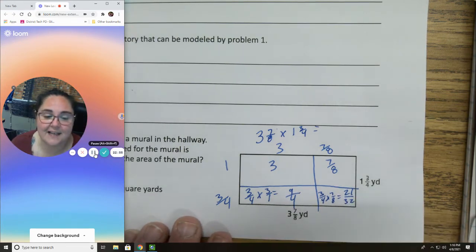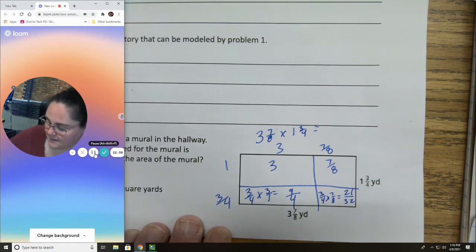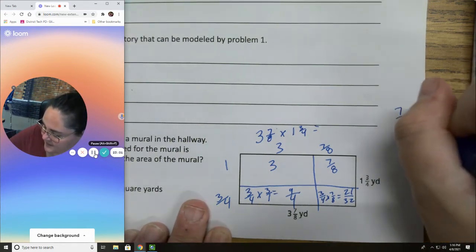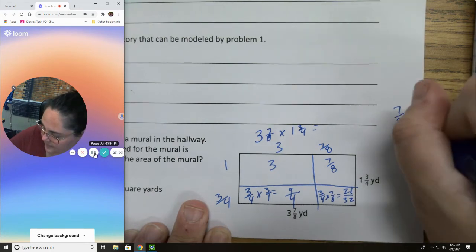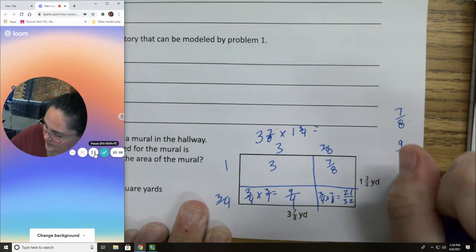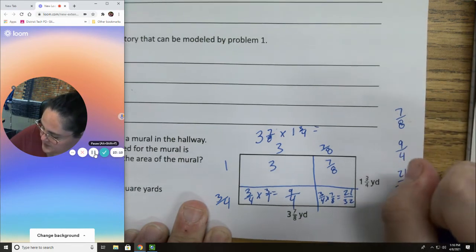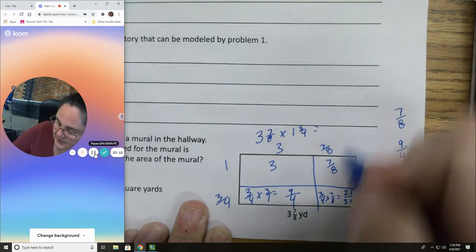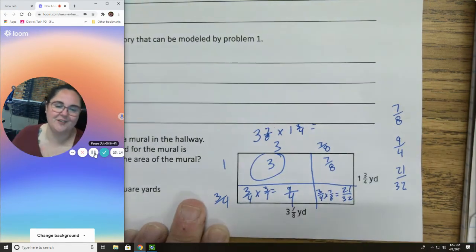All right. Now is the tricky part. I have to take all of these numbers and add them together. So 7/8, 9/4, 21/32, and 3 wholes. I'm going to keep that 3 just off to the side for now.